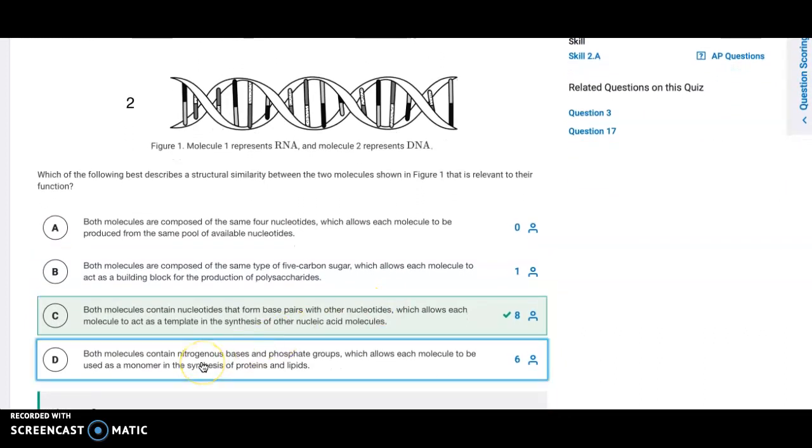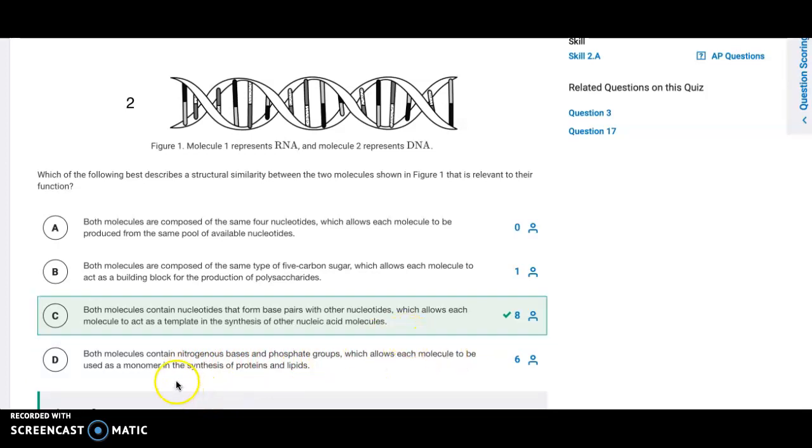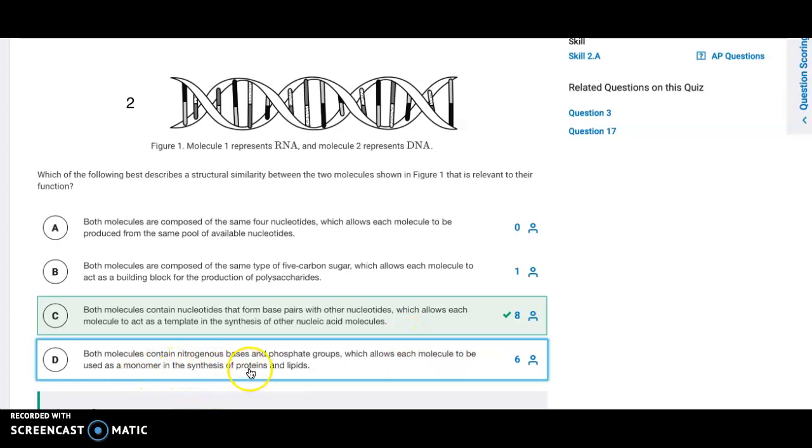Some of you said both contain nitrogenous bases and phosphate groups, which allows each molecule to be used as a monomer in the synthesis of proteins and lipids. So they do both contain nitrogenous bases and phosphate groups. That's true. But they're not used to build proteins and lipids directly. That's the process of the central dogma, so transcription and translation, that it's referencing there.